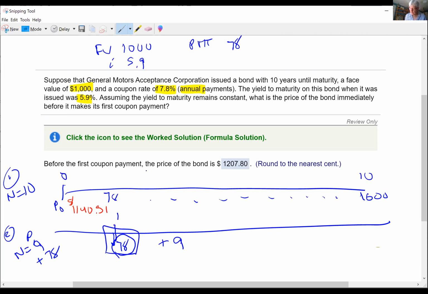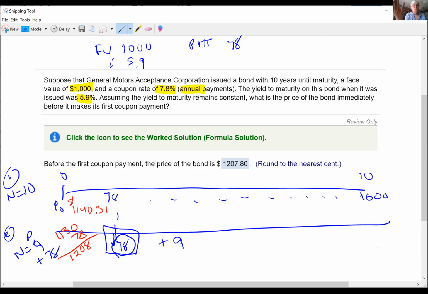So that would give us 1130, putting the answers in red. 1130 plus 78, which is 1208.